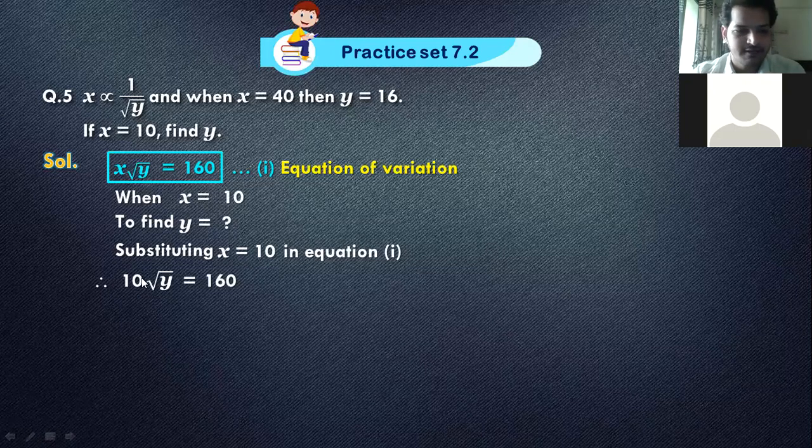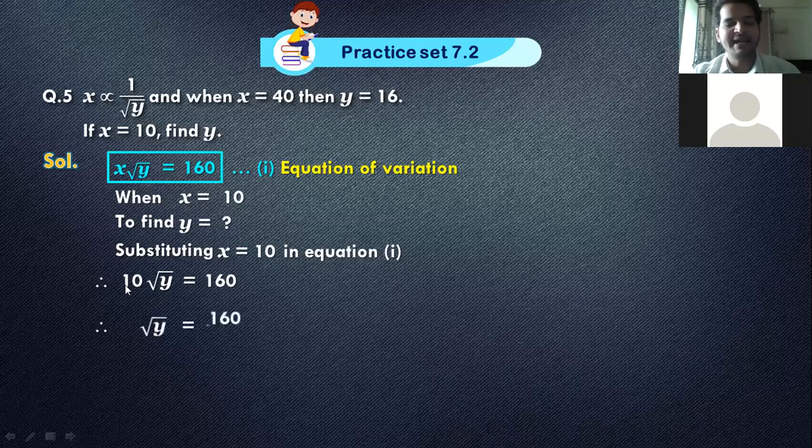I'll repeat once again. Root y and 10 are getting multiplied. So multiply 10 goes to the other side of equality, will become what? Yes, absolutely. It will become divided by 10. And as you all know, 0 and 0 get cancelled. So square root of y is equal to 16.